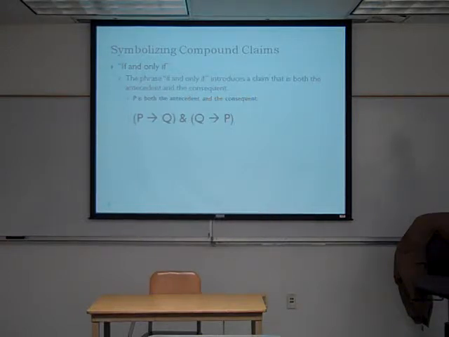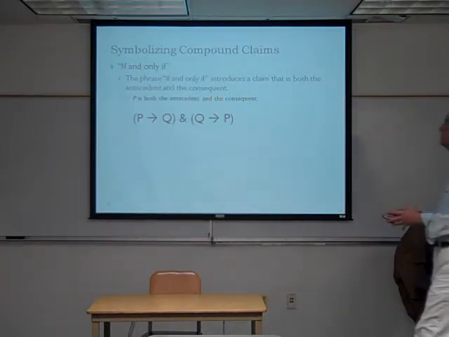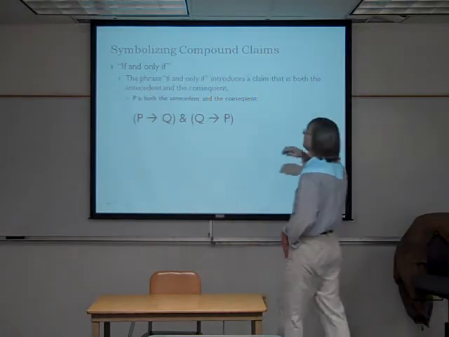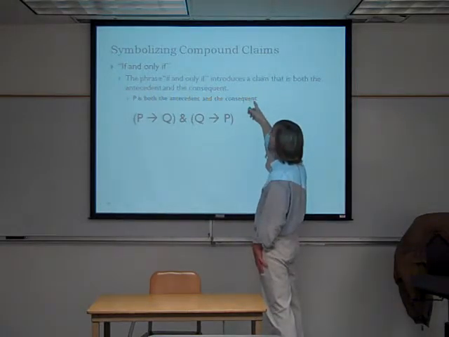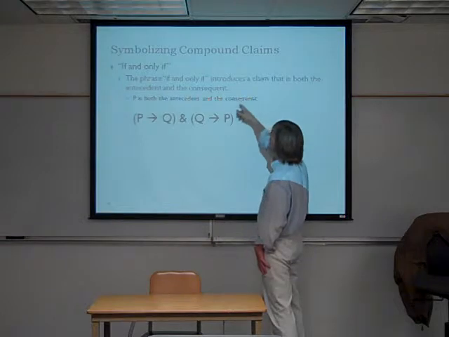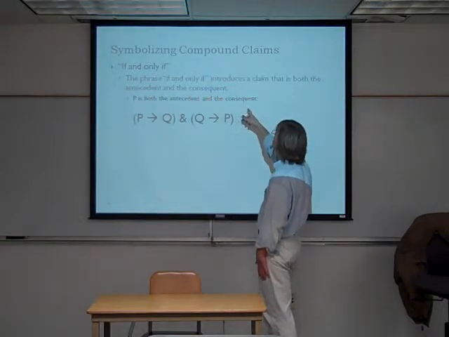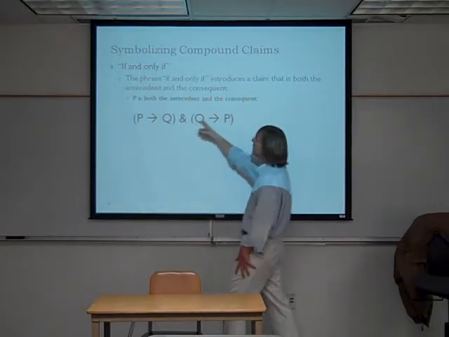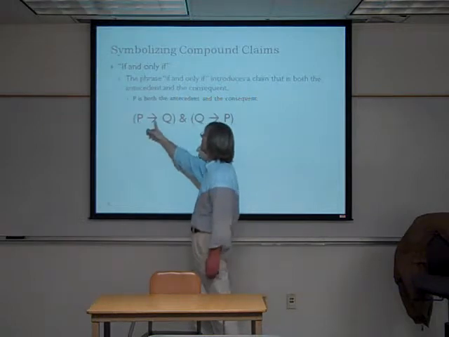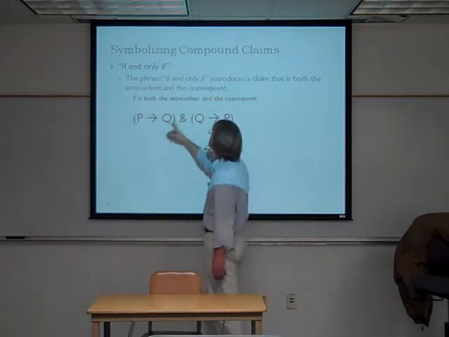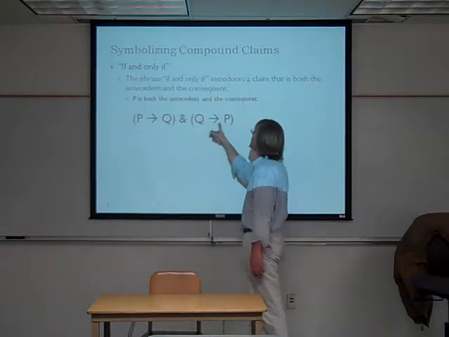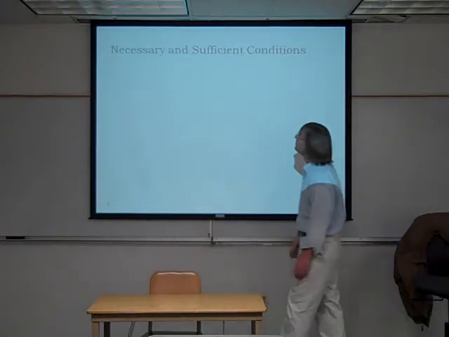If something, a claim, is both the antecedent and the consequent, then you're going to introduce it "if and only if." So if we say "if and only if P," well, then P is going to be both the antecedent and the consequent, and it'll be phrased this way: a conditional with P as the antecedent and a conditional with P as the consequent.